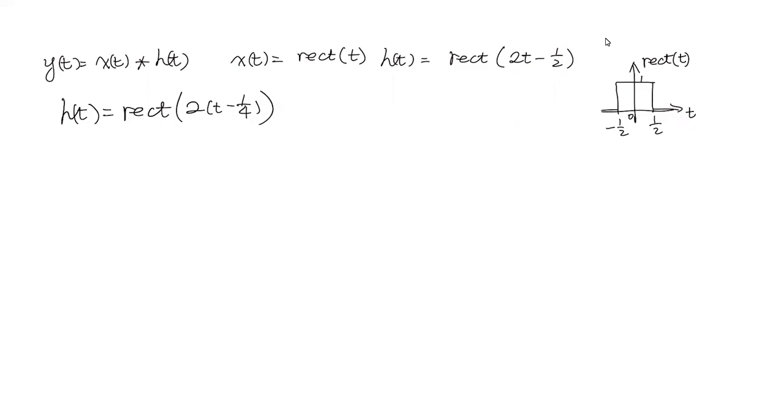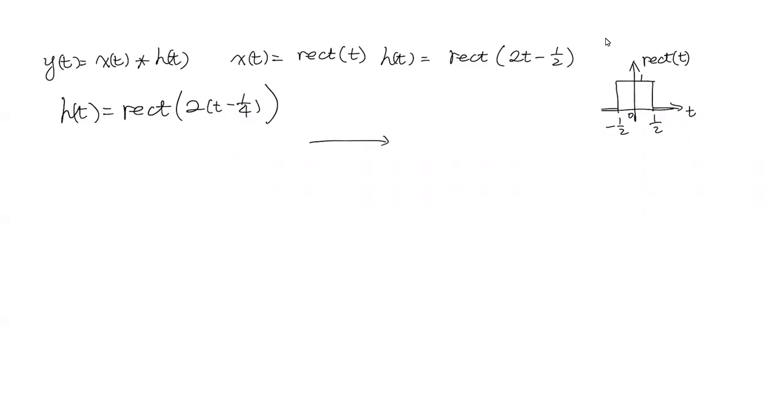So first thing we are going to draw a condensed version of this one, the rectangular function rect 2t. The horizontal axis is t. Previously it was positive and negative half. Now it is positive and negative 1/4.